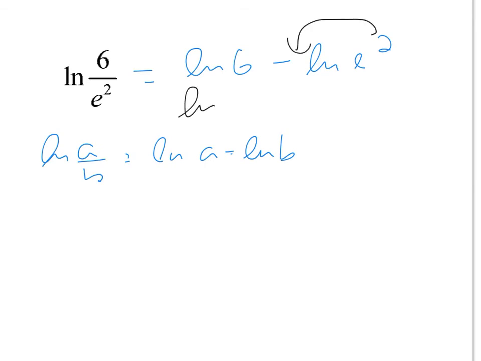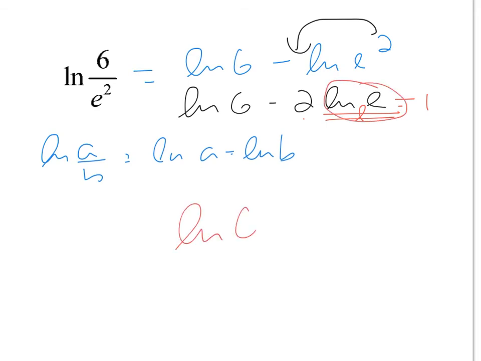So I have ln 6 minus 2 ln e, and ln e, of course, is e to what power is e? That would be e to the first, so ln e is 1. So I have ln 6 minus 2 times 1, which is 2. And that is expanded.